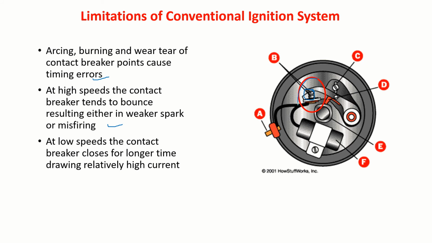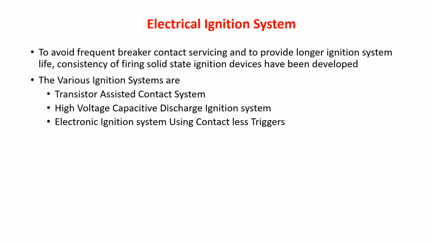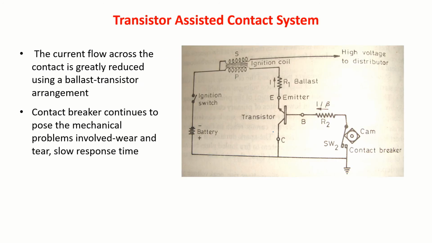So this is our difficulty. So we should eliminate this. That is the advancement. That's why you can have a transistor assisted contact system, high voltage capacitive discharge ignition system. Nowadays, they have what you call the electronic ignition system using contactless triggers. These are the developments that have taken place.